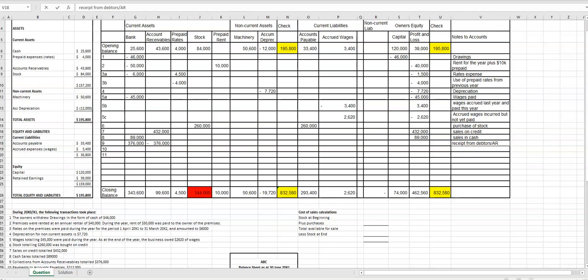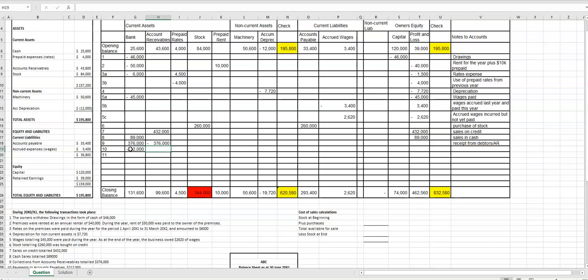Our final transaction is payments to accounts payable of $212,000. So we're making a payment. This is going to reduce our bank account. So we're now paying for some of those purchases that we've made ourselves, perhaps some of the stock that we've purchased.